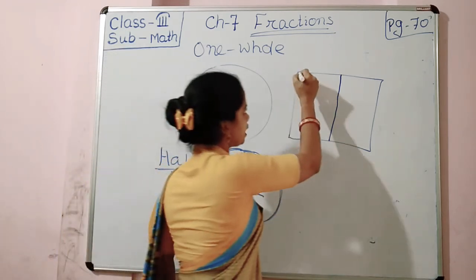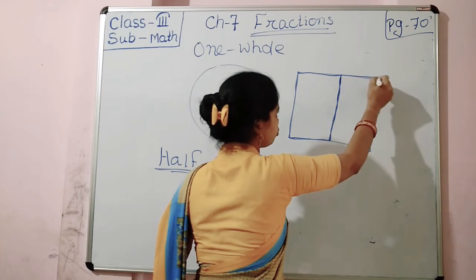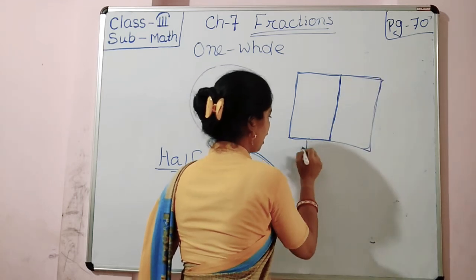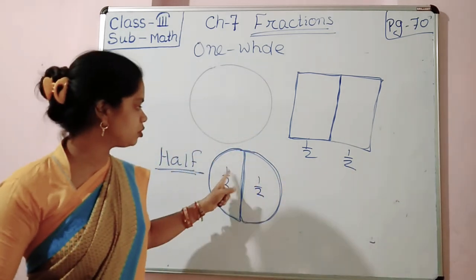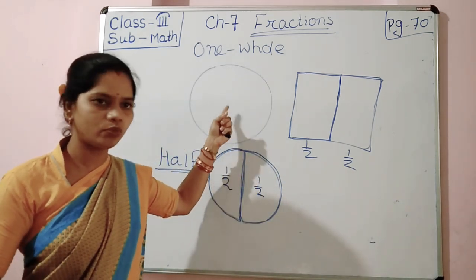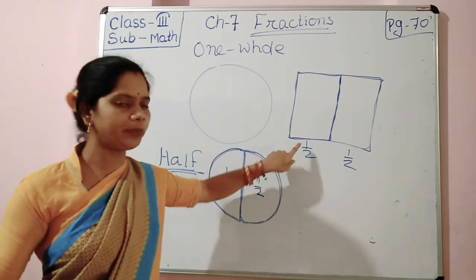Two equal parts is called half, half of the square or half of the circle. Half is written as 1 by 2.